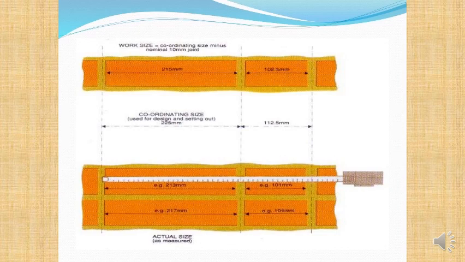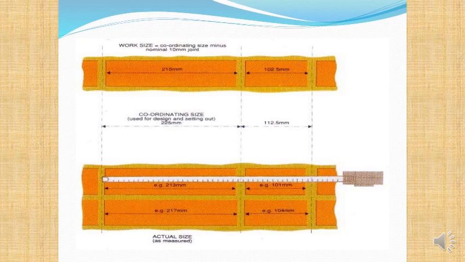Now, let's look at how we arrange the bricks here. You can see that, if you look at the course there in the top, you don't have a stretcher course and you don't have a header course.